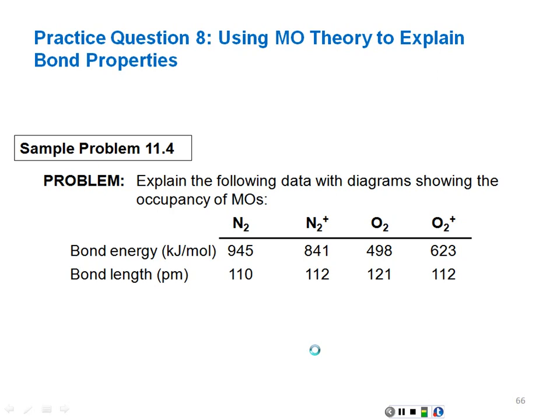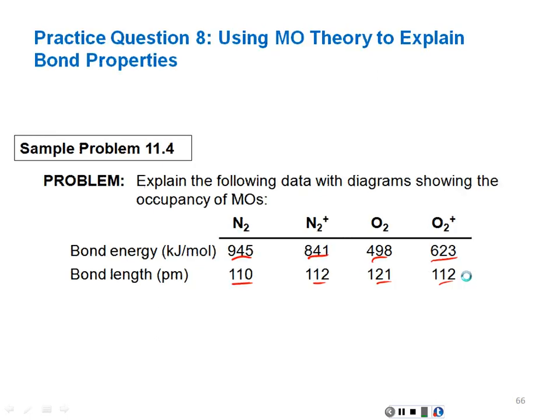So you see that N2 has a bond energy of 945, N2 plus has a lower bond energy, and bond length, N2 has a shorter bond than N2 plus. In contrast, O2 has a weaker bond than O2 plus and a longer bond than O2 plus.